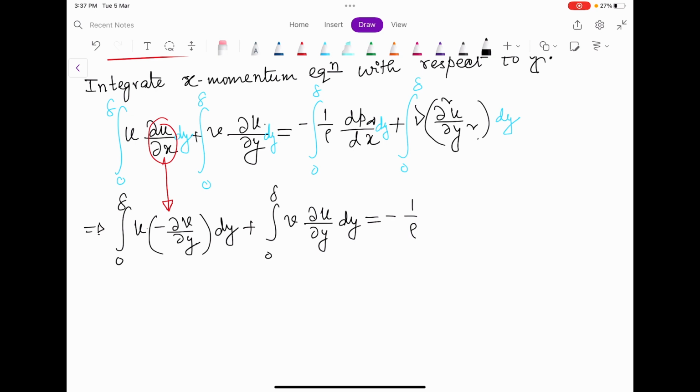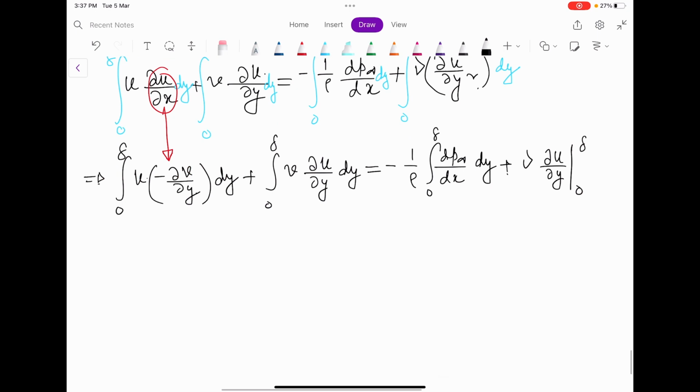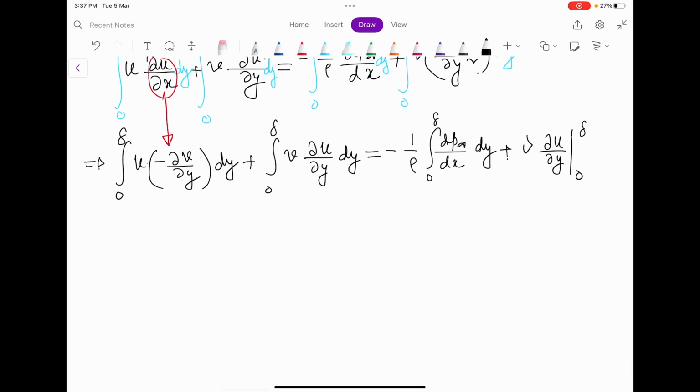Okay, now let us not change right now this dp dx. So this is dy plus I can integrate this. So this will be what? Nu into del u del y from 0 to delta. Okay, so let us work with each of these terms.